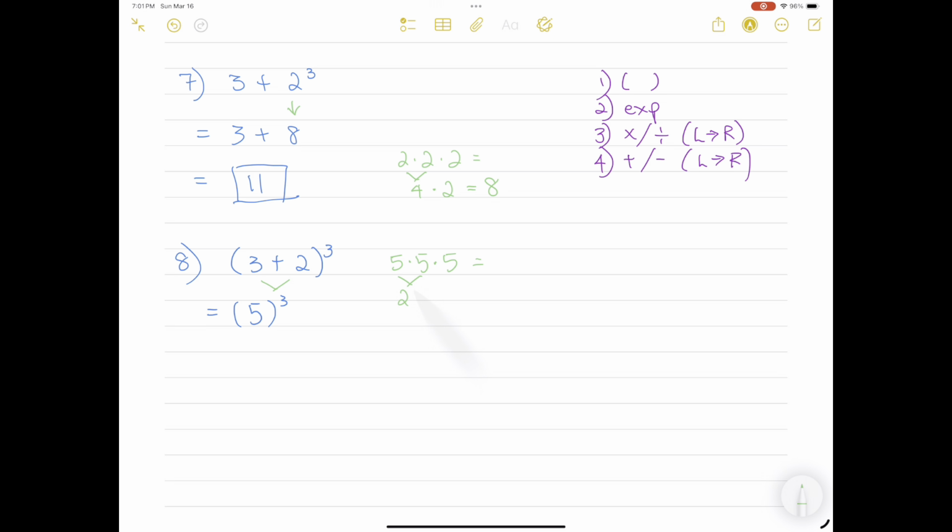It simplifies to 25 times 5. I do that calculation on the side. 25 times 5 works out to be 125. Make sure you always double check these side calculations. So the answer is 125. I box my answer.